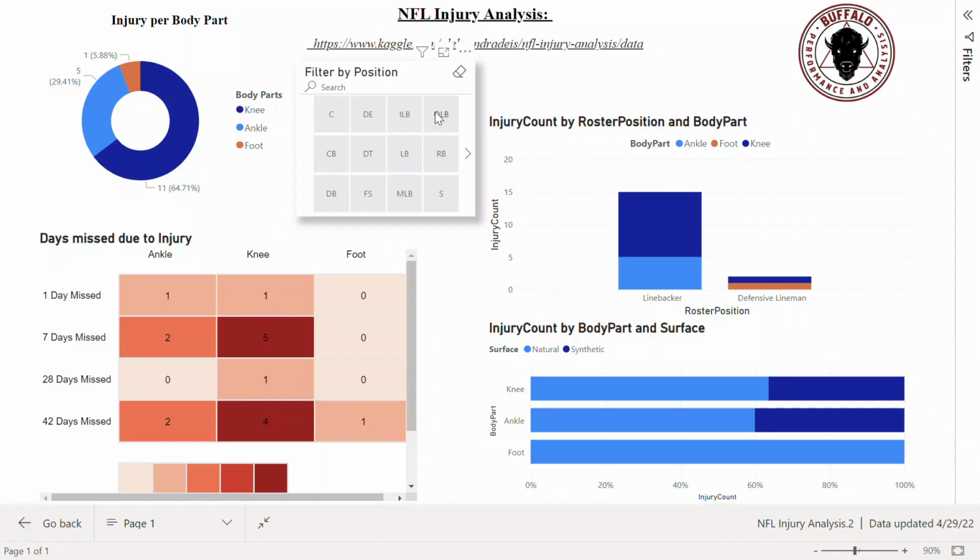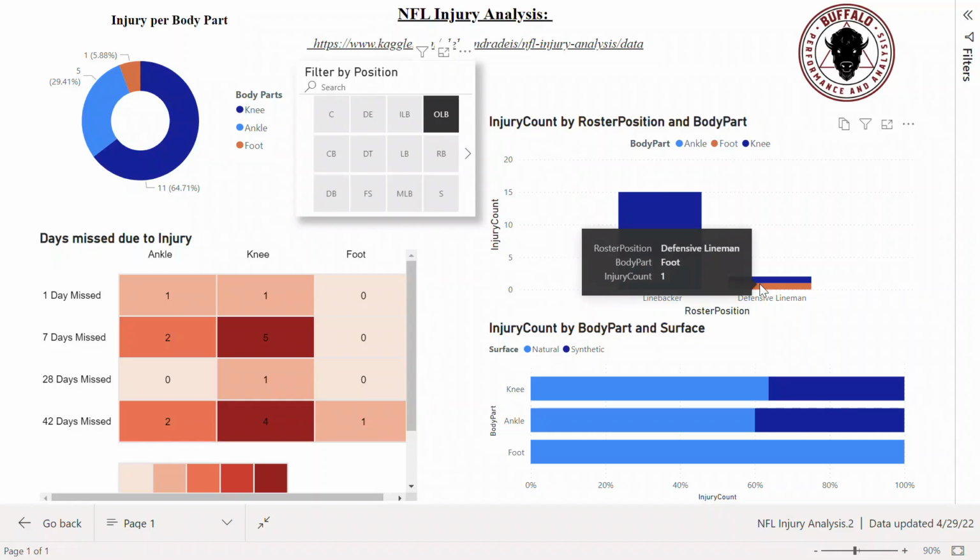Depending on the formation that you're running, your defensive lineman may have to shift in and out and kind of be a dual purpose athlete between a defensive lineman one play and then an outside linebacker the next. And that's why we see here on the injury count, it shows us both linebacker and defensive lineman stats.